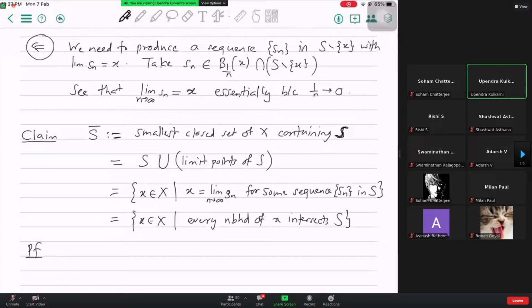Sir, what is smallest in the first sentence? Sorry, what is the what? The word smallest. That's a very good point. So: smallest closed set of X containing S. I can say that I want an animal that has wings as well as 100 legs.